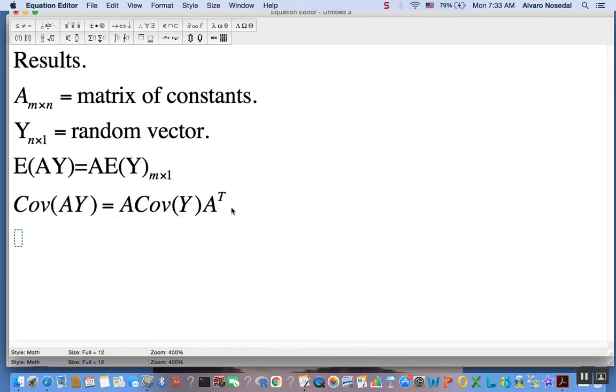Now note the dimensions of this covariance matrix.